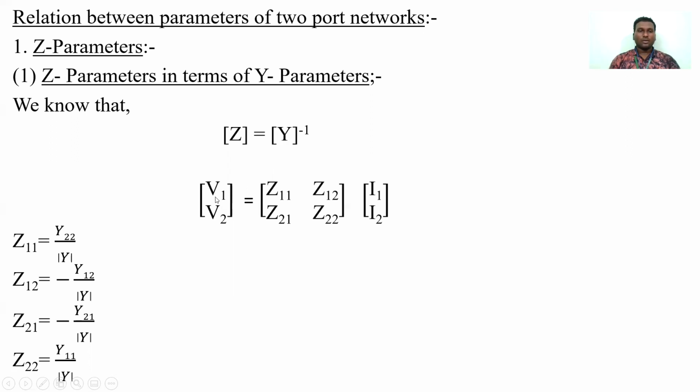We know the matrix equation for the Z parameters: V1, V2 is equal to the matrix Z11, Z12, Z21, Z22 times I1, I2.